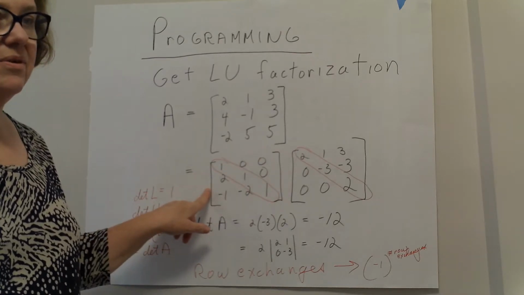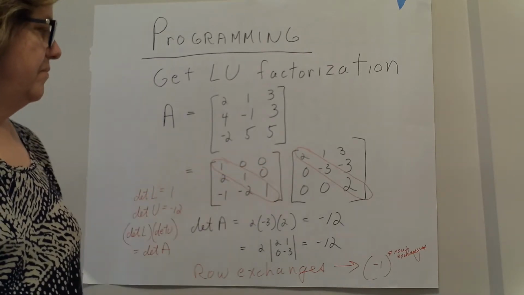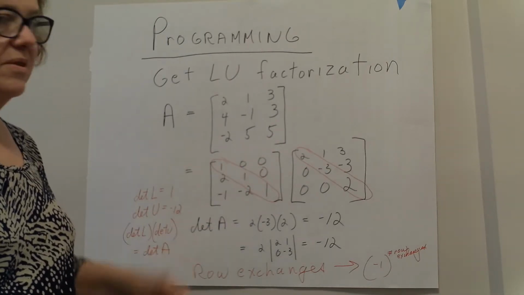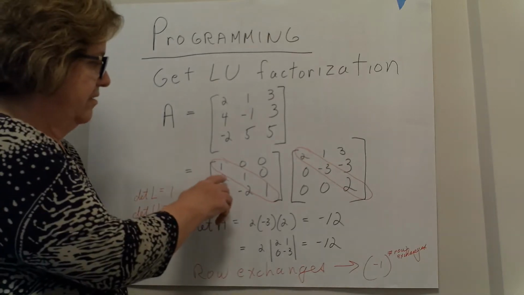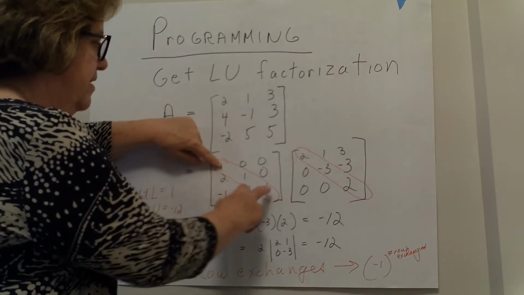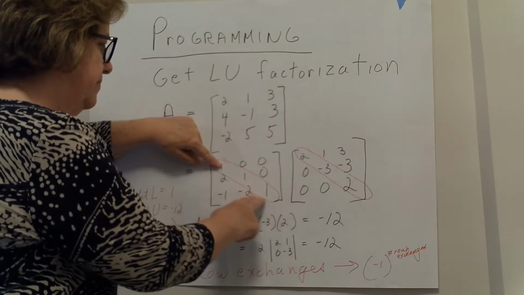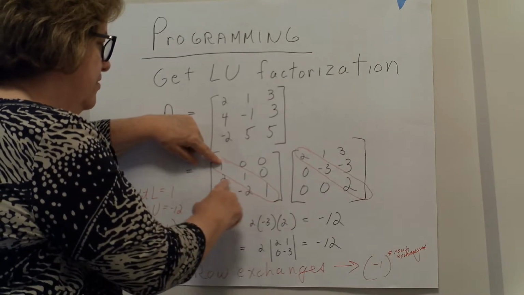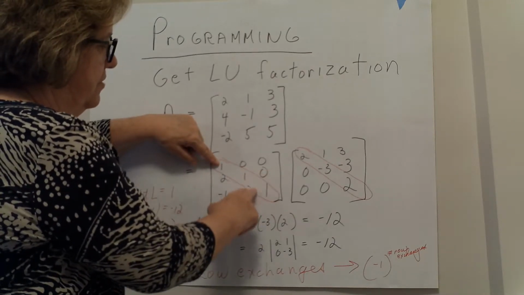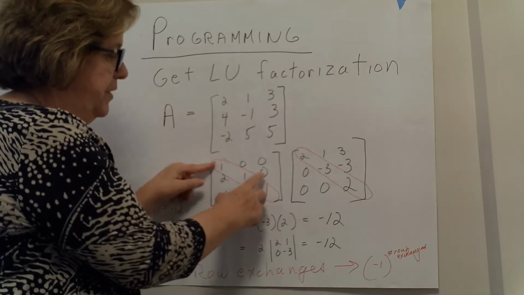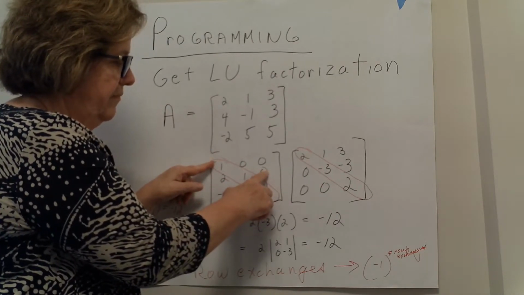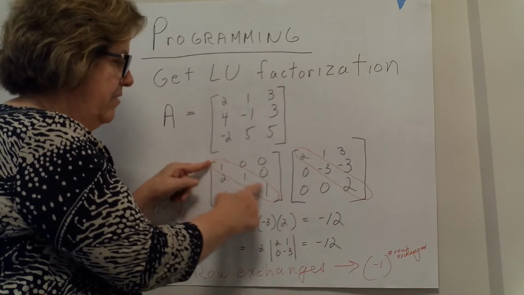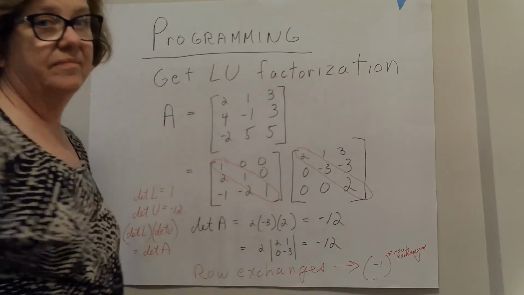If we do our cofactor expansion across the first row, it's 0 times whatever, 0 times whatever, so the only contributing term is 1 times this matrix in here, which is going to be 1 times 1 times 1.